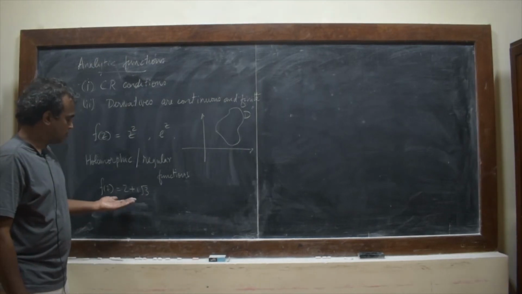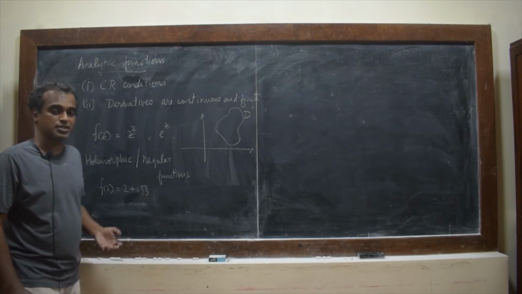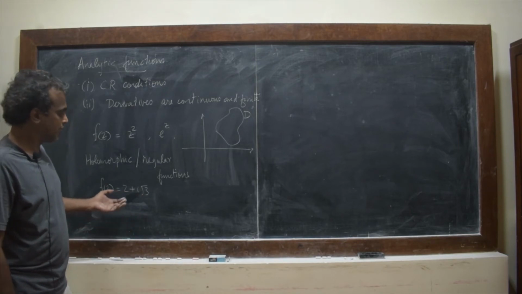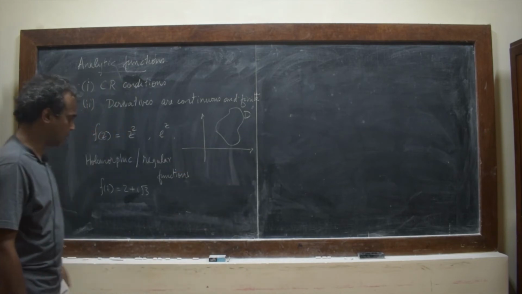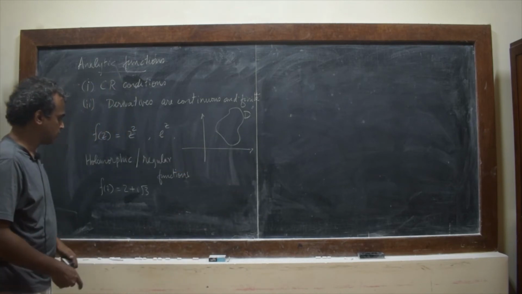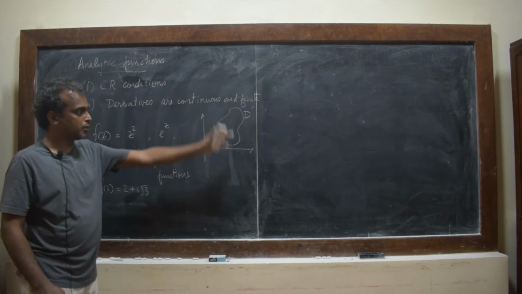So, a constant function such as this can be said to be analytic on the entire complex plane, not just the finite part, but including at the points at infinity.